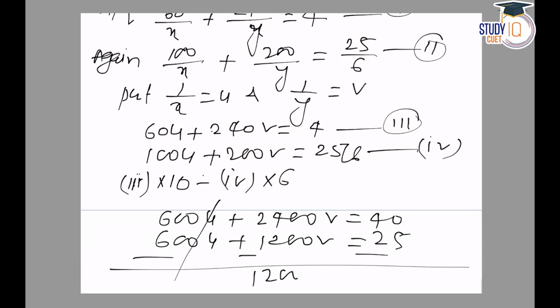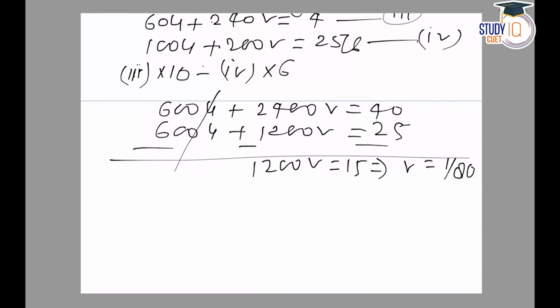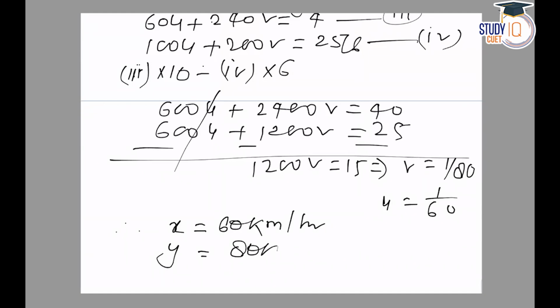So 1200v equals to 15. Hence v equals to 1 by 80. Hence put v in any one equation and we will get u as 1 by 60. Hence x equals to 60 km per hour and y equals to 80 km per hour. That is the answer.